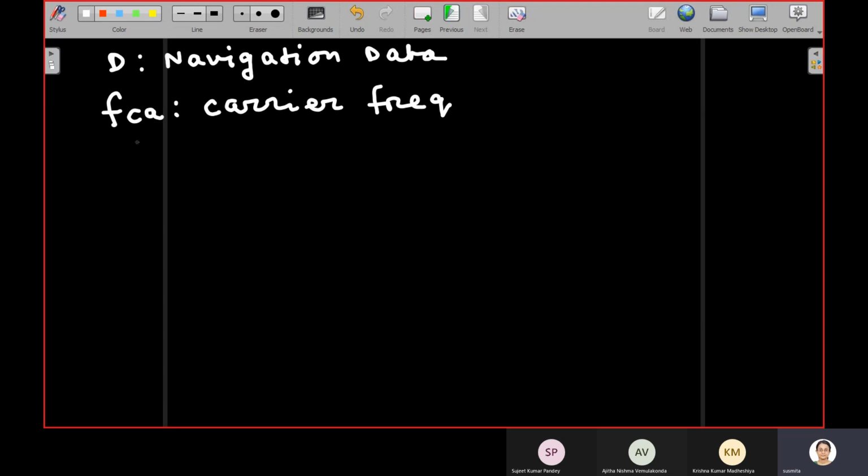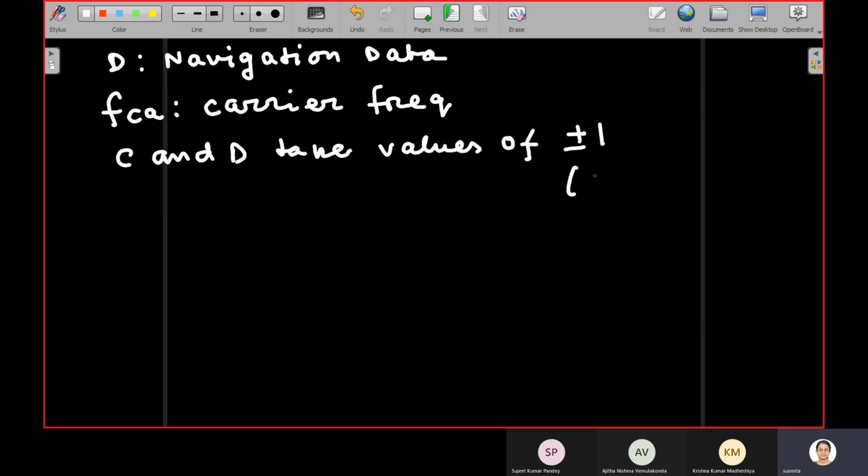Now, in this representation, the expression that I have given on the previous page, C and D, code and data, take values of plus or minus 1. There is another representation where we assume that they take 0 and 1, so plus 1 is changed to 0 and minus 1 is changed to 1.